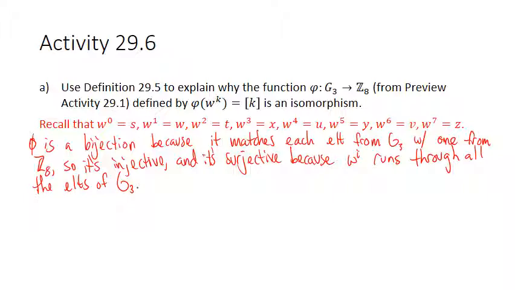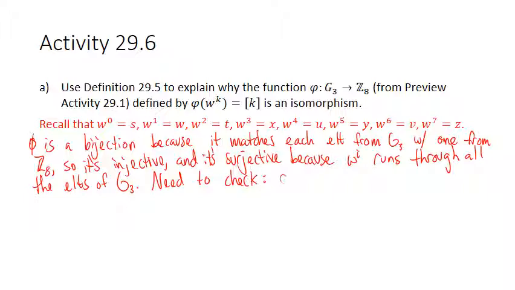Okay, so that's not the only thing we need for this to be an isomorphism. So we need to check the following. We need to check that if we do the operation before or after the function, that we get the same result.